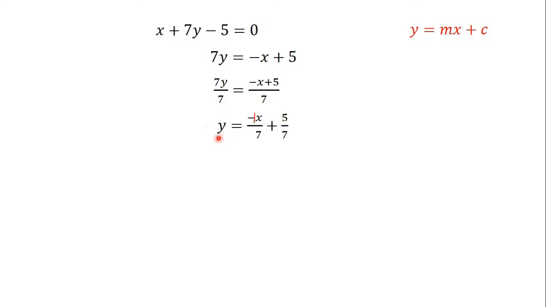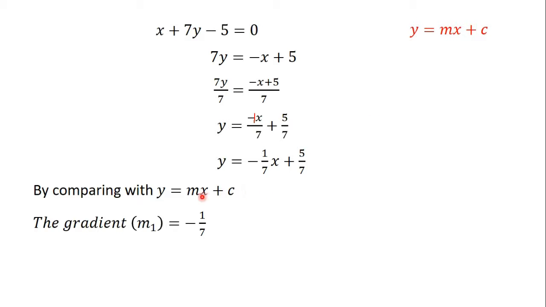So y = -1/7 x + 5/7. So we have been able to express the equation in the form of the general equation of a straight line. By comparison, we can see that m is equal to -1/7.